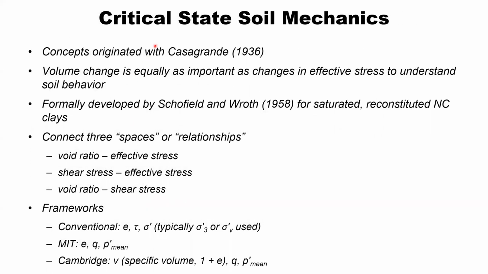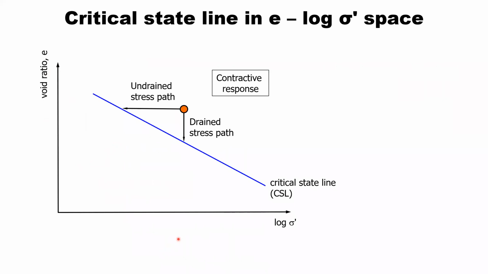And so we're going to use critical state soil mechanics to help us understand that. I'm not going to go through this slide in detail, but we are going to connect three spaces: void ratio, effective stress, and shear stress. I'm going to use a simple space here of just void ratio and log of effective stress to do that.